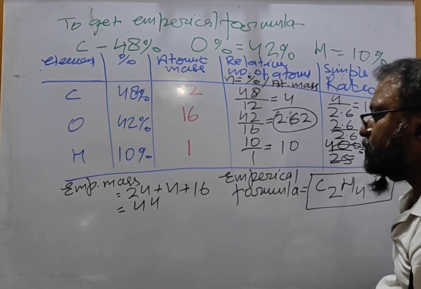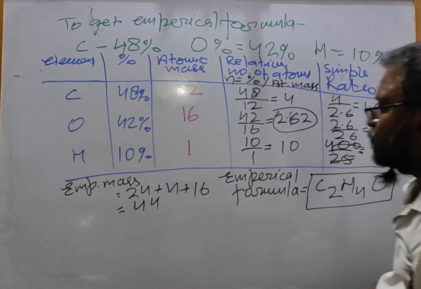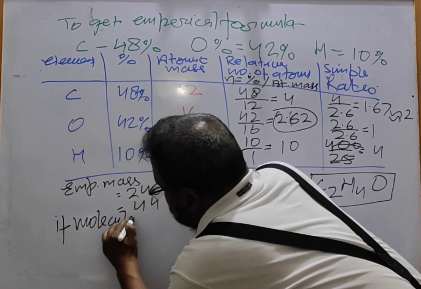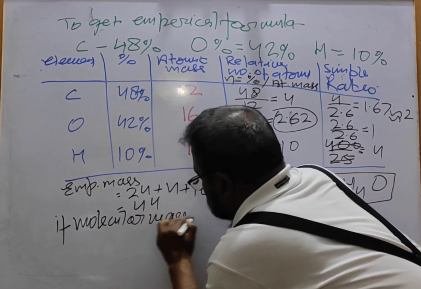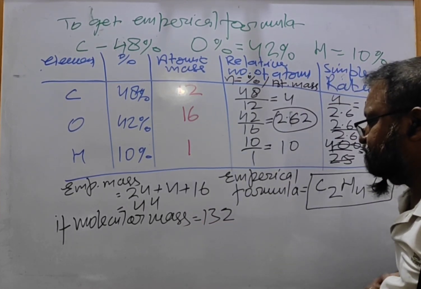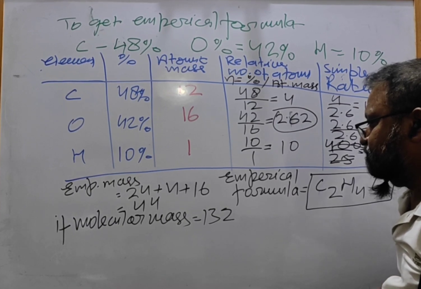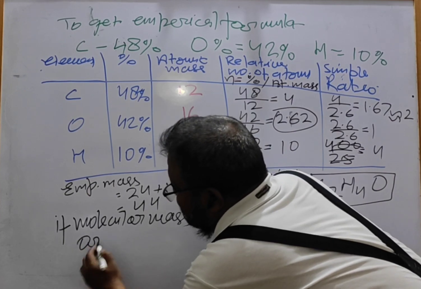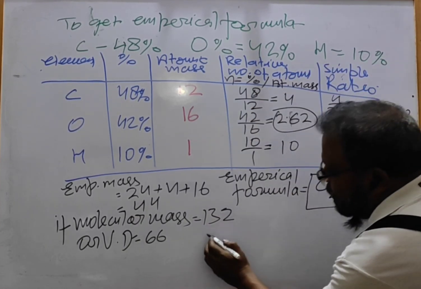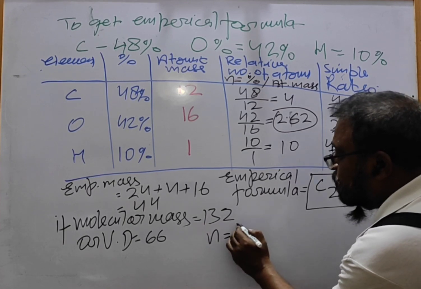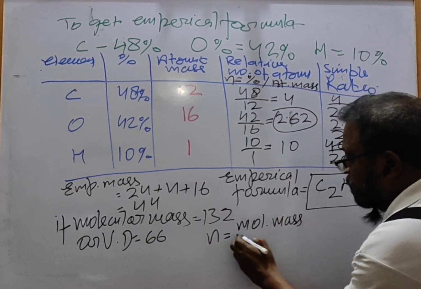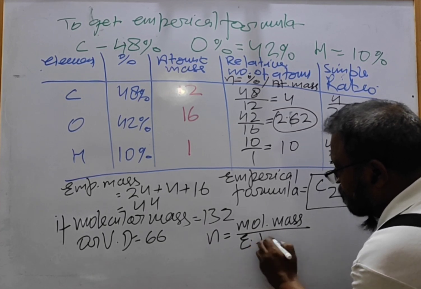So if molecular mass is 132, or vapor density is 66, then n is equal to molecular mass upon empirical formula mass.